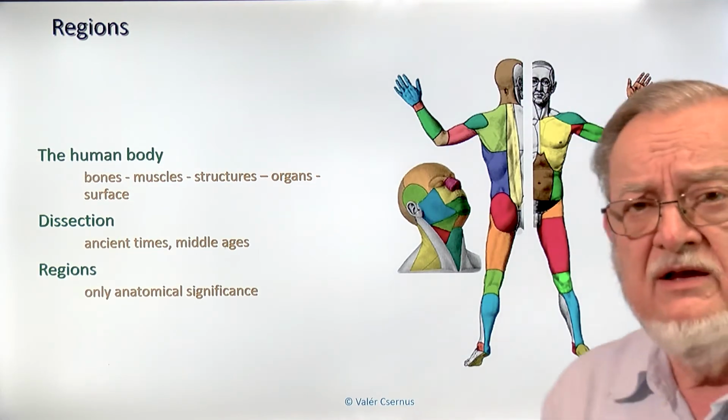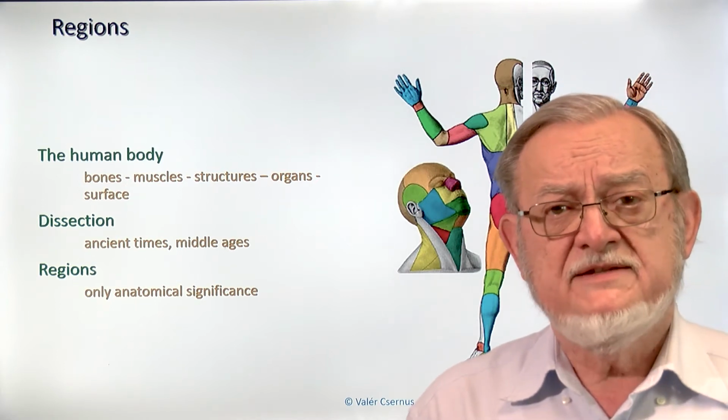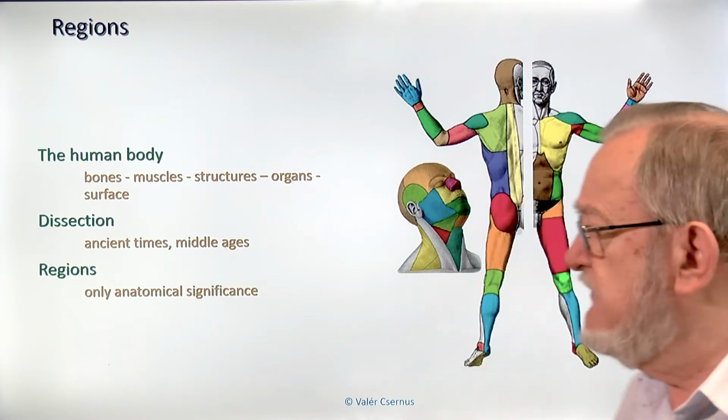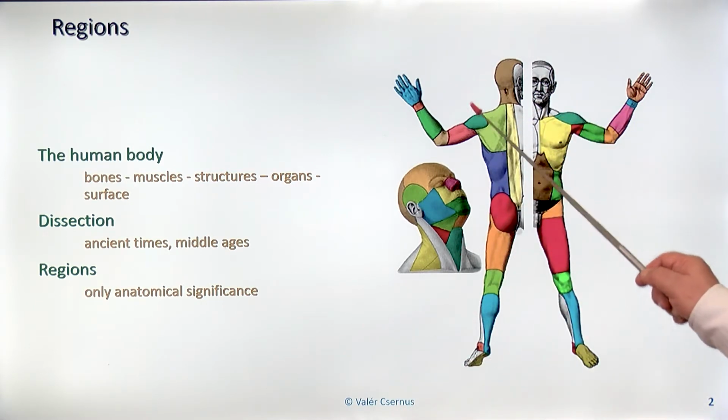The way we study the human body, because of this complexity, is to divide it into areas. This is what we name the regions. By regions, we will study the areas of the body, from the skin all the way down to the bone, every tissue with the appropriate relations.